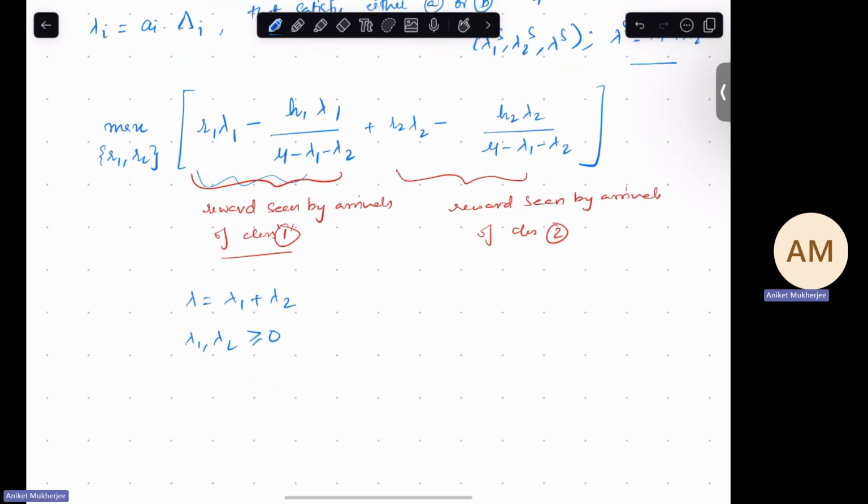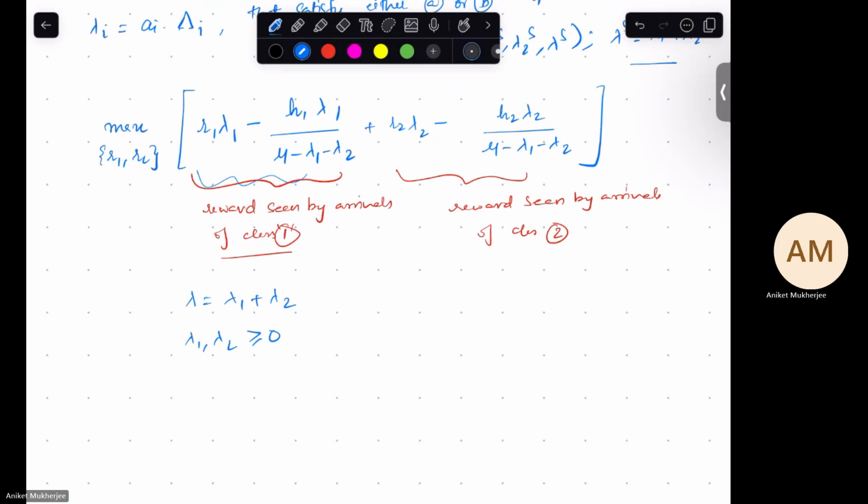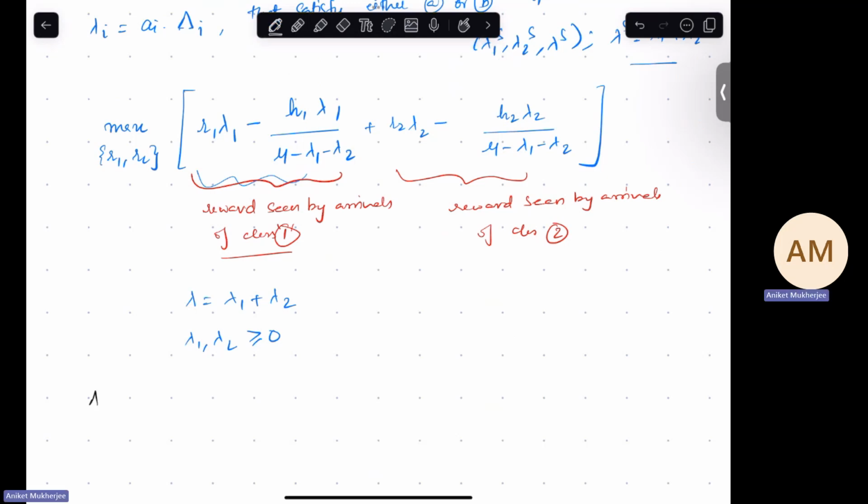So we'll make some assumptions here. We'll assume that mu equal to 1. What we are doing is measuring flows in units of fraction of service rate.